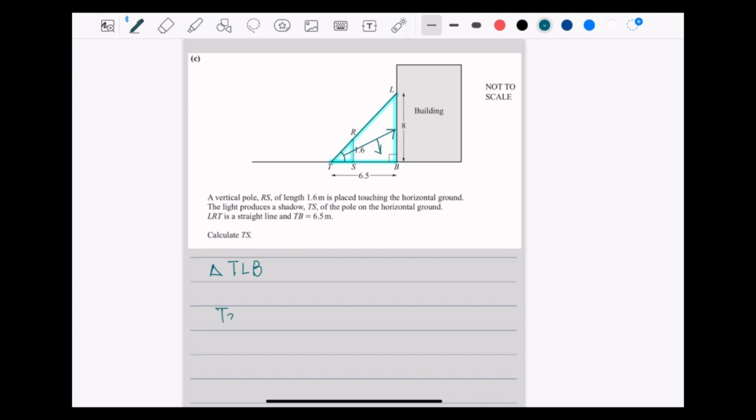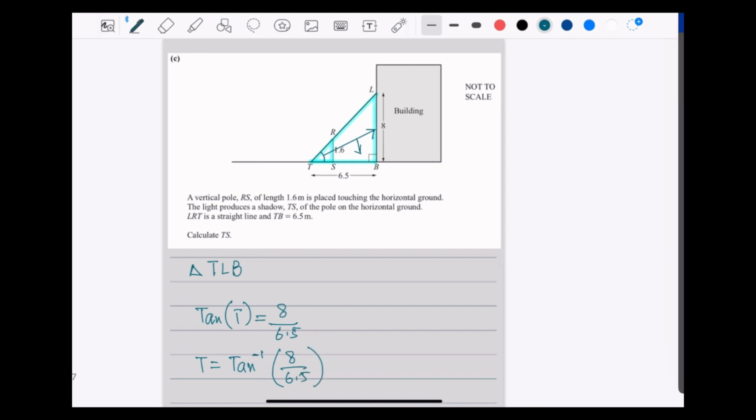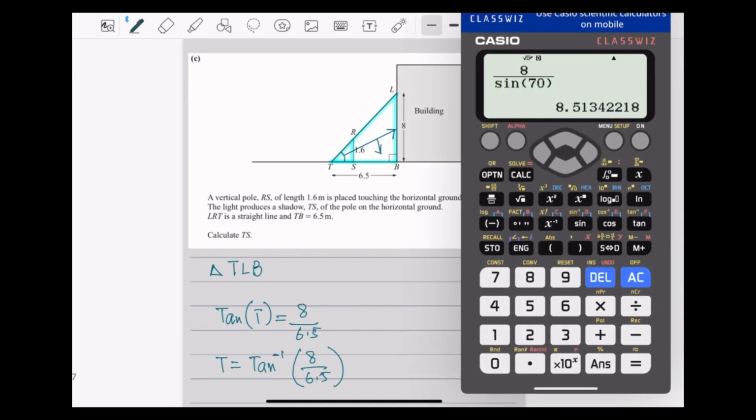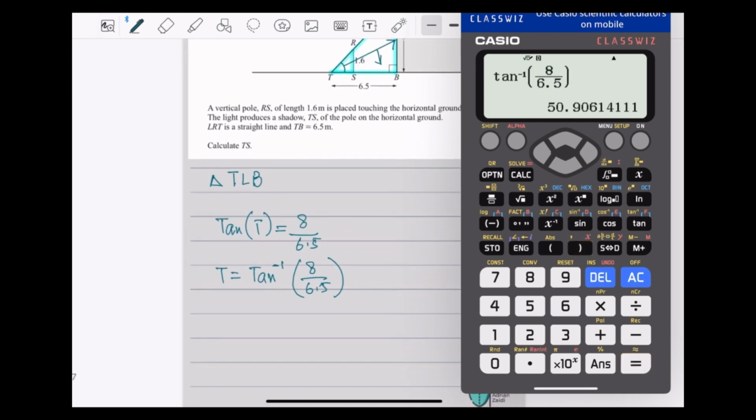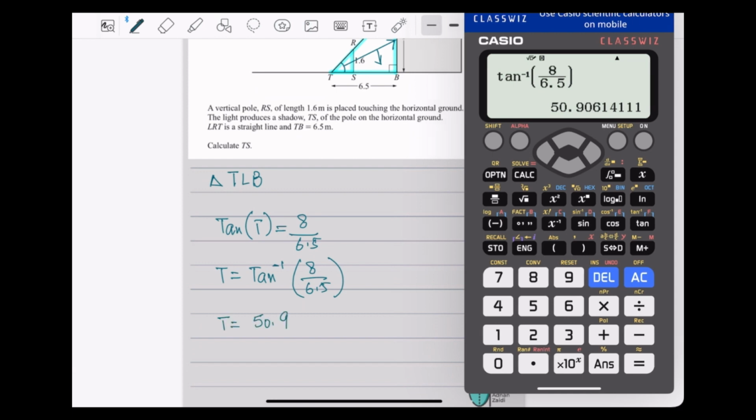I'll use tan of T is opposite, which is 8 over 6.5, and T is going to be tan inverse of 8 over 6.5, which gives you 50.9. So angle T is 50.9.